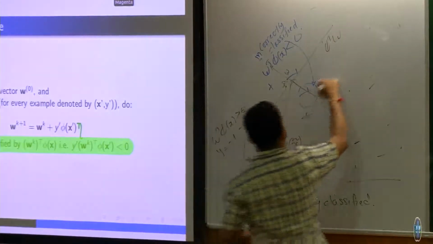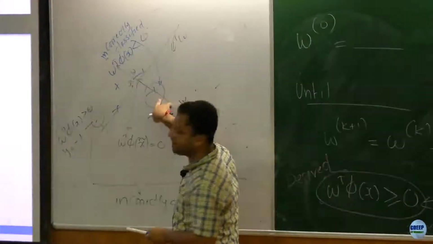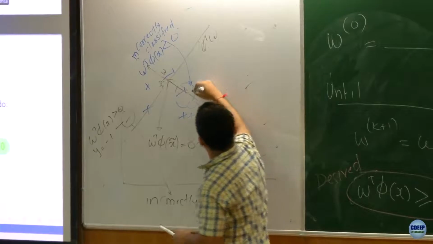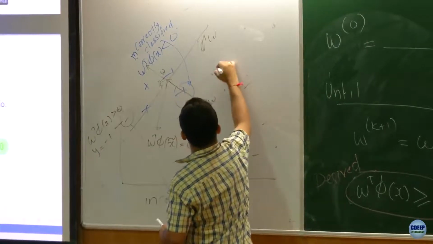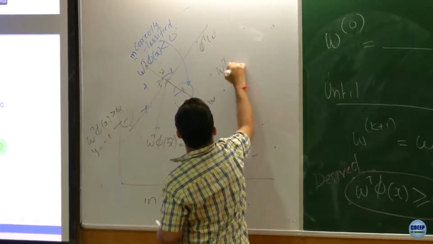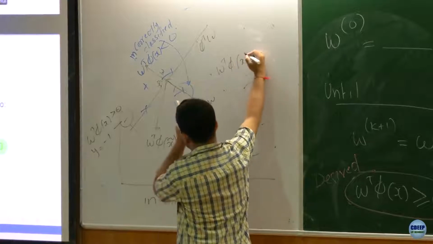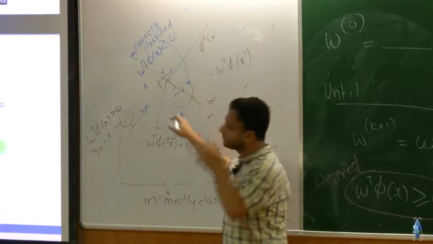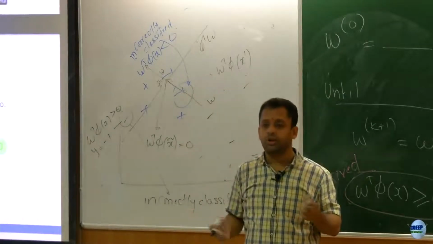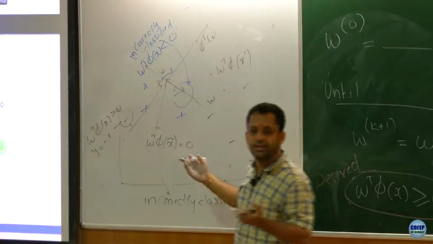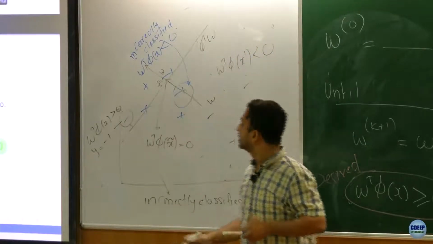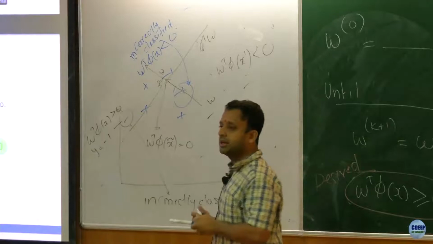And this is my x prime. This x prime is misclassified. Everyone sees that it is misclassified with respect to this W. So at this point we have W transpose phi x prime. What is that? It should be negative. It's misclassified. That's what we are saying.